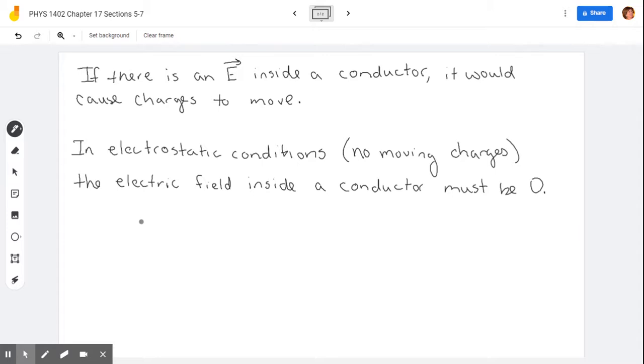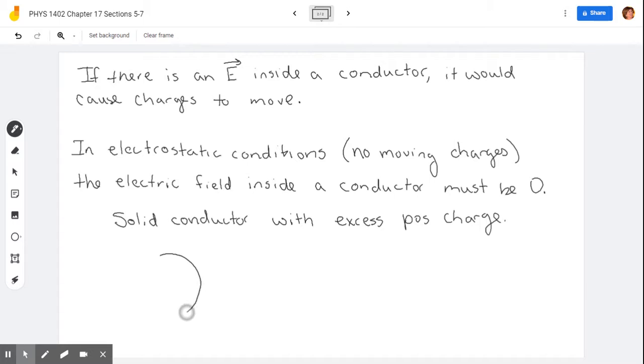So if you think about this, let's suppose that I have a solid conductor with excess positive charge. What's going to happen is that positive charge is going to try to get as far away from each other as possible. They're going to exert forces on each other.